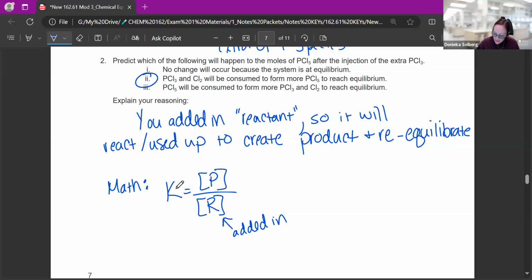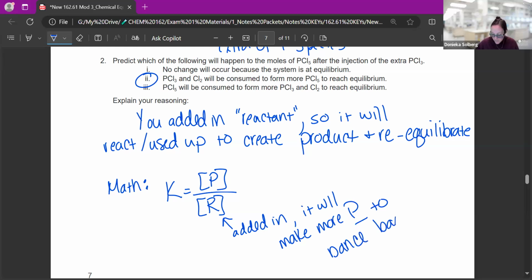So if I added that in, it will make more products to balance back out to the same K value, because it is a constant. It needs to get back to that.